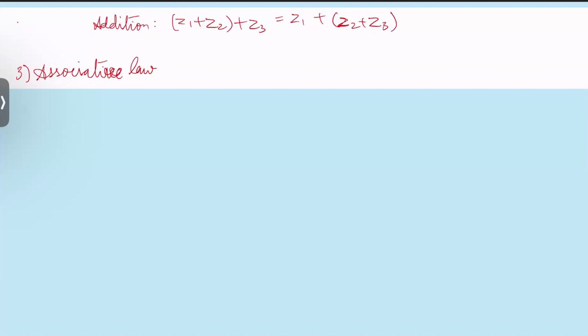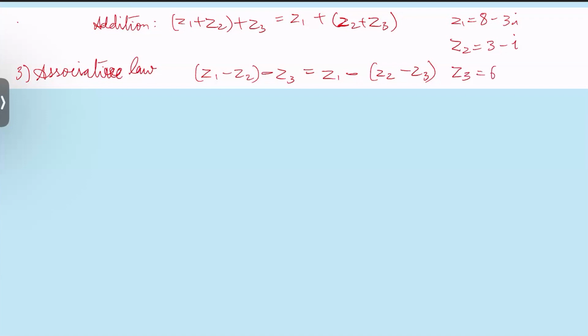If we try to find the validity of this law for the difference of complex numbers, we will see whether Z1 minus Z2 minus Z3 is equal to Z1 minus Z2 minus Z3 with the grouping changed. Let's take Z1 as 8 minus 3i, Z2 equals 3 minus i, and Z3 equals 6 plus 4i, the example that we had taken. Suppose these are the three numbers.